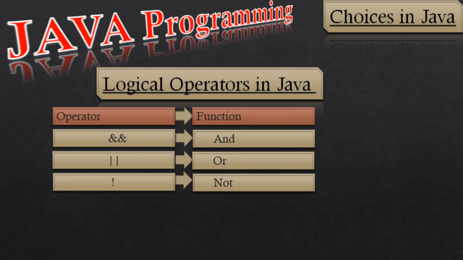So if you want to say an AND, we're going to put these two signs. If we want to say an OR, we're going to put these two vertical lines. And for the NOT function, we're going to put the operator which is the exclamation mark. So let's take these logical operators and apply them to our example here.